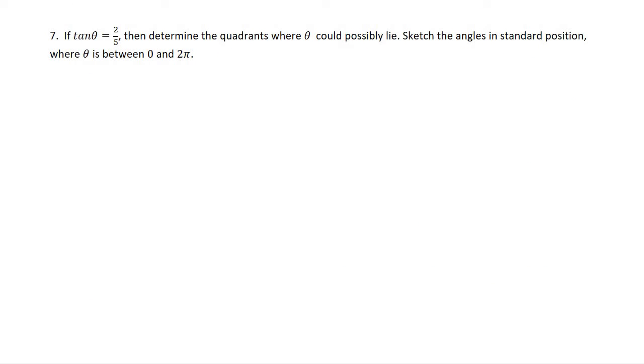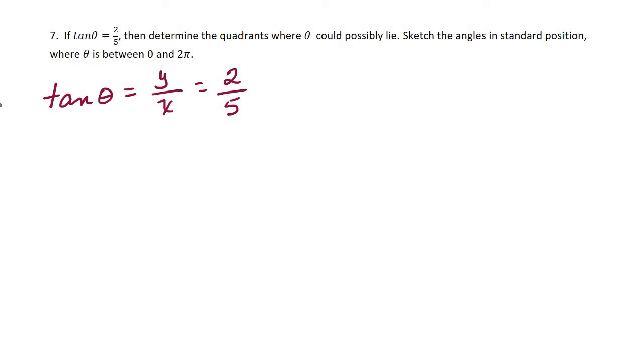Problem 7. If tan theta equals 2/5, then determine the quadrants where theta could possibly lie. Sketch the angles in standard position where theta is between 0 and 2 pi. I know that tan theta is defined as y over x by my circular definitions, and I'm told in the problem that tan theta is 2/5. That does not necessarily mean that x and y have to be 5 and 2, both being positive.